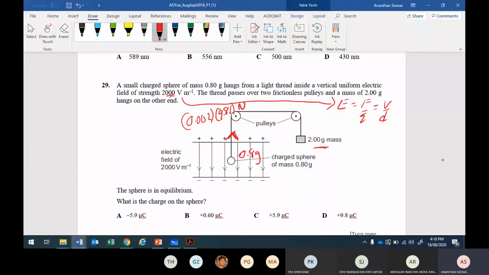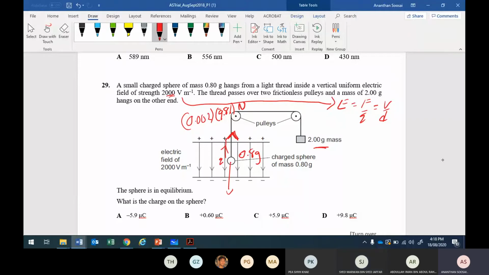The sphere is in equilibrium. What is the charge on the sphere? To find the charge on the sphere, you need to find what force is acting down and what force is acting up. What force is acting down?